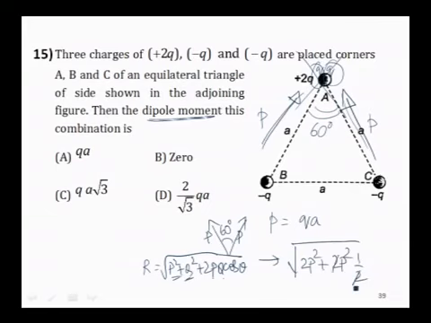So this cancels, and you are left with 3p square under the square root. So it becomes p root 3. Therefore, p into root 3 should be your final answer, and therefore you take option C as the correct answer for question number 15.